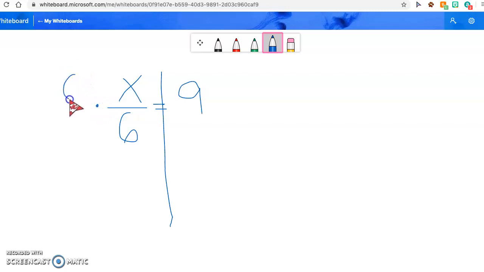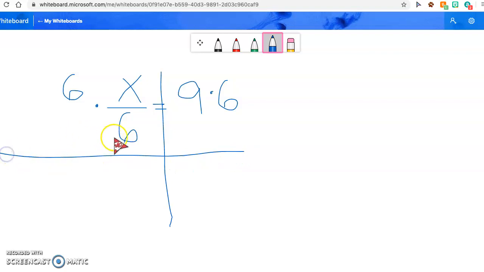So we will multiply both sides of the equation times 6. We have to use a number that is going to cancel out over here so we can get x by itself. And our 6's cancel each other out. Bring that x down, and you have x equals, and 9 times 6, well, we should know that that is 54.